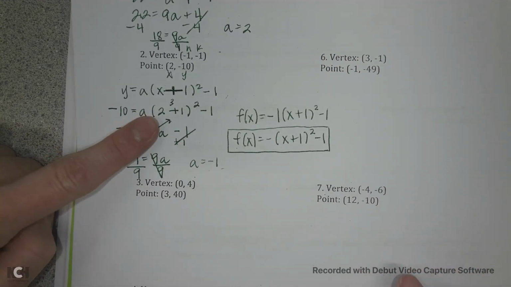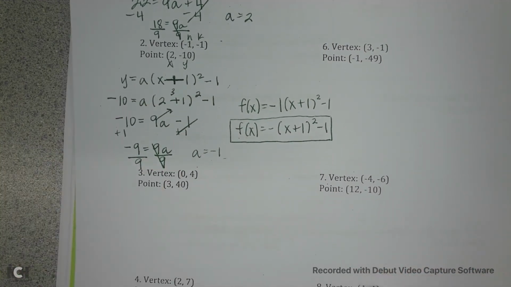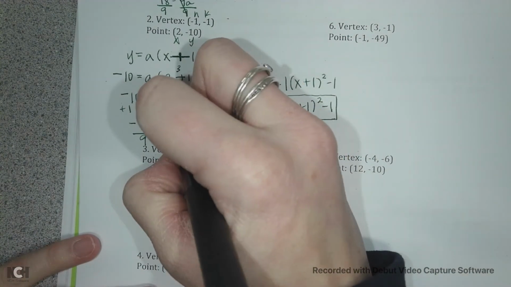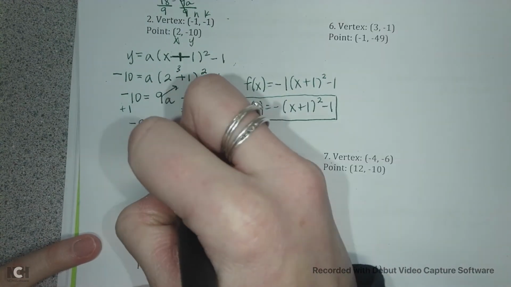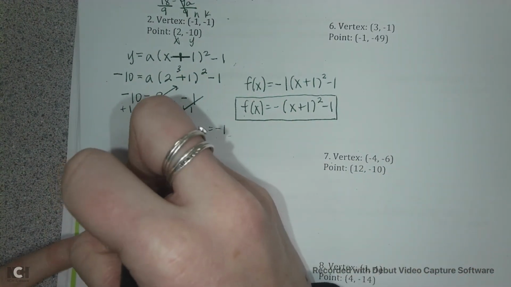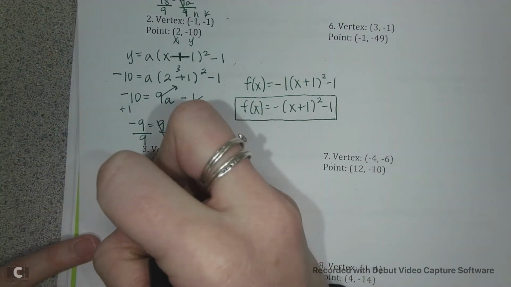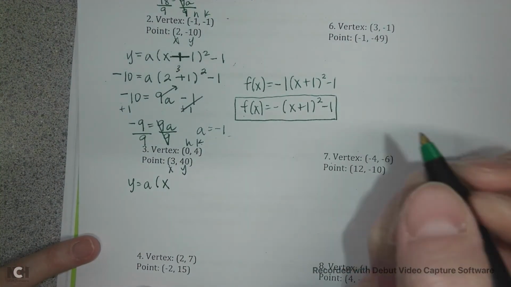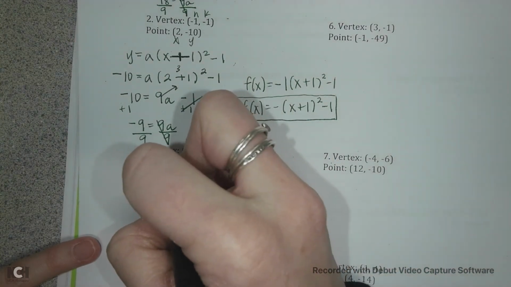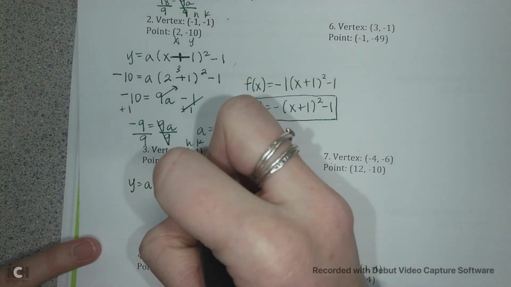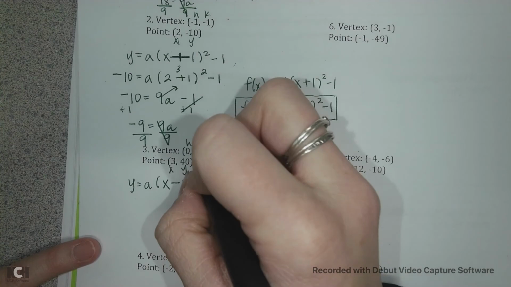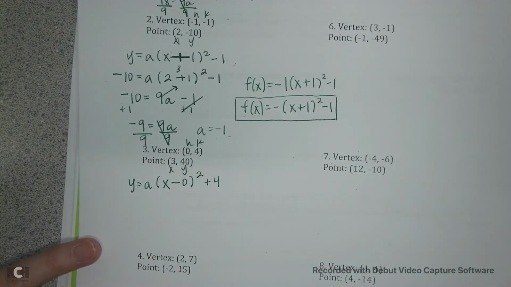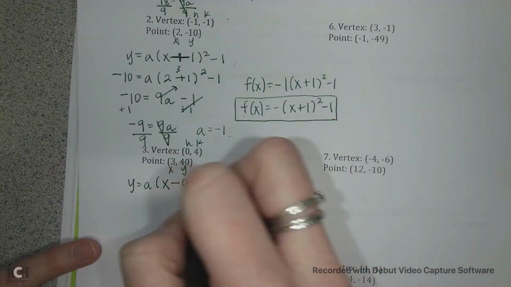Okay, let's do one more, because this one has a vertex with a 0. So remember, this is your h value and your k value and your x and your y. So we have y equals my a times x, and it's always minus your h value. So we're subtracting 0. We're going to square that. And then we're going to put our k value at the end. All right, so now we're going to plug in our other two values.